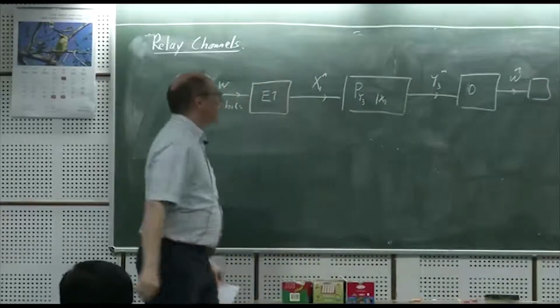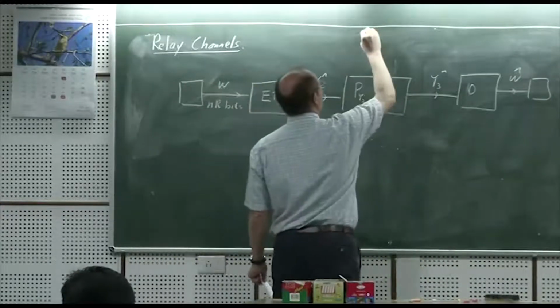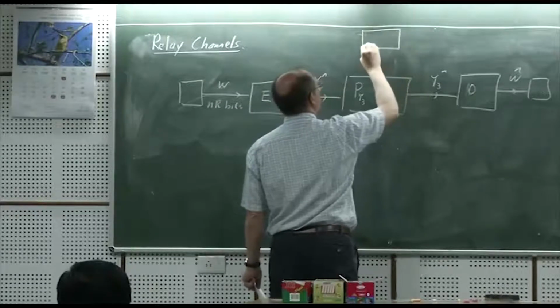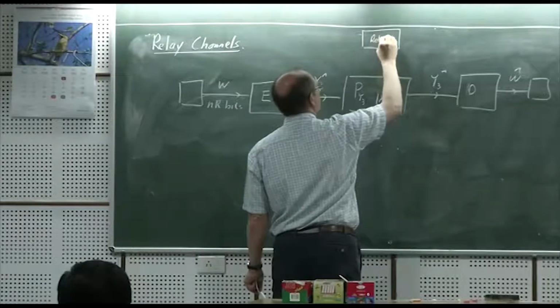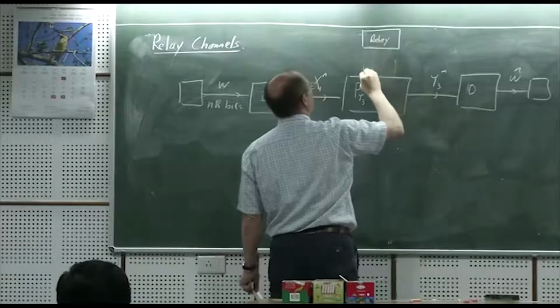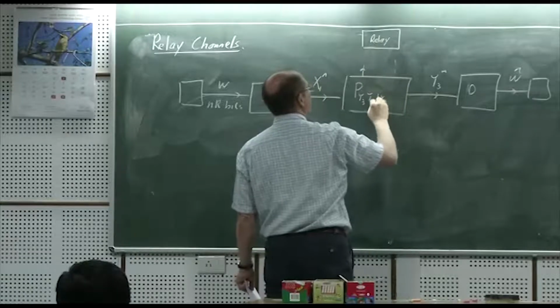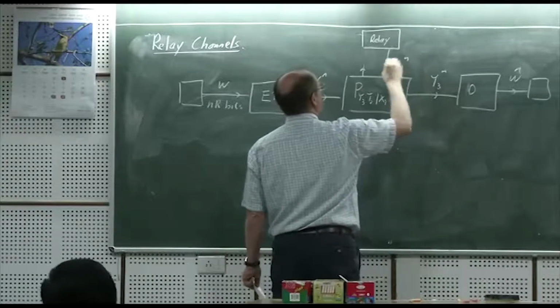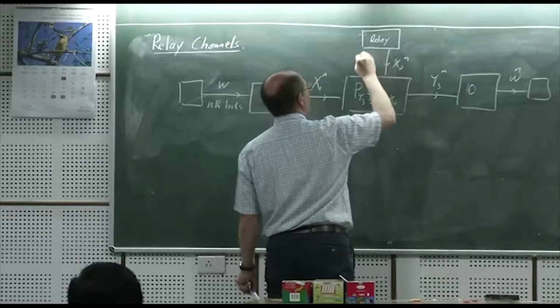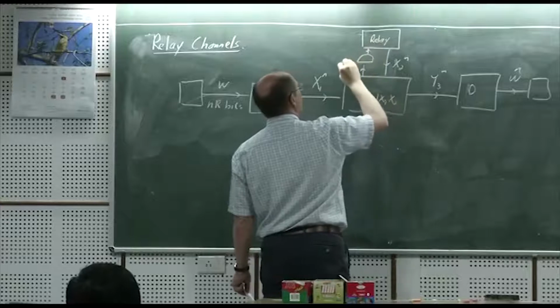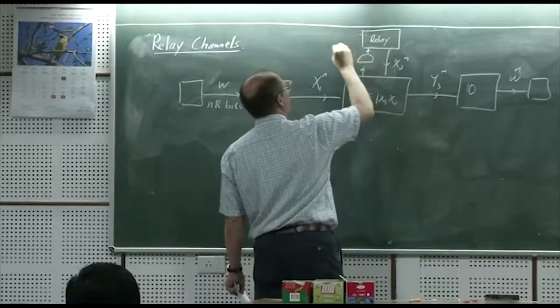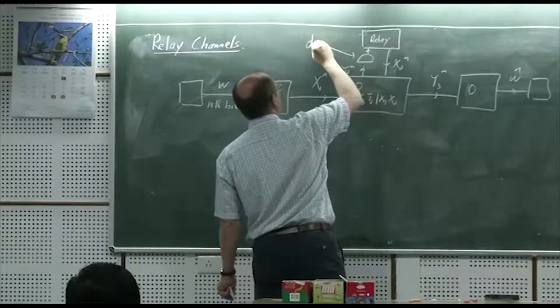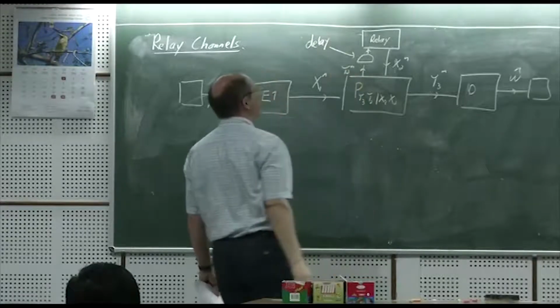What we add here now is a third terminal, out here, which is supposed to serve as a helper. So there's going to be a second channel output and a second channel input, of the relay. Here I usually draw this just as a delay element, just to ensure causality.